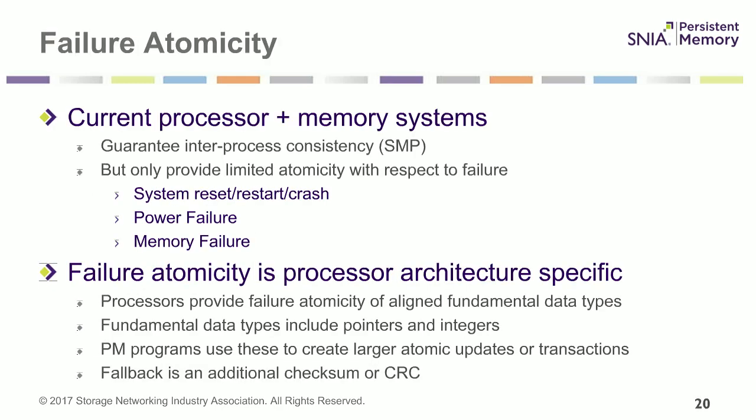Another problem that we're looking at is the atomicity of failure domains. Processors today are very complicated, multi-core systems with multiple sockets potentially, with coherency buses and coherency protocols that cross multiple sockets.